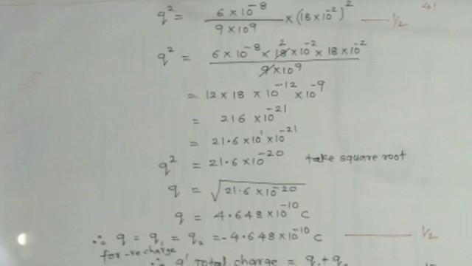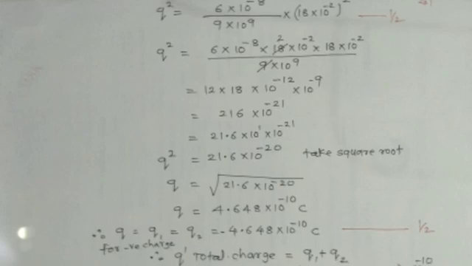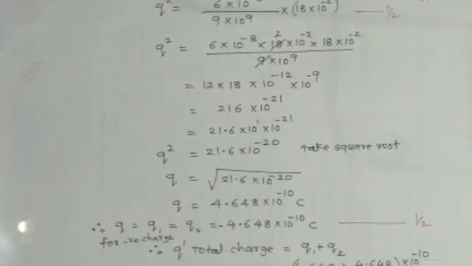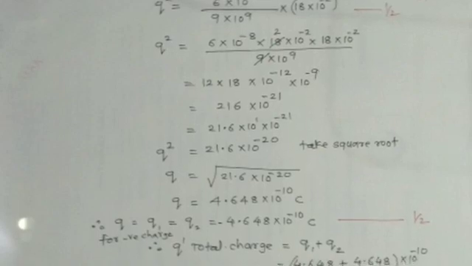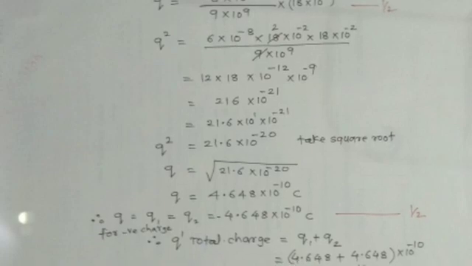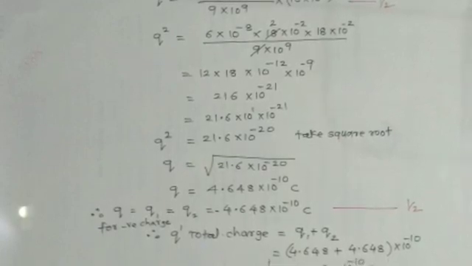Substitute the values. So, Q square is equal to 6 multiplied by 10 raised to minus 8 divided by 9 into 10 raised to 9 multiplied by 18 into 10 raised to minus 2 bracket square. By solving, Q square becomes 21.6 into 10 raised to minus 20.